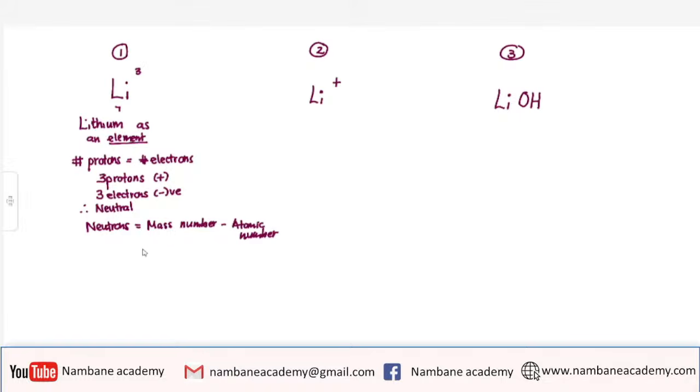So this will be 7 minus 3, which means that it's going to have 4 neutrons, and sometimes they abbreviate it like that. Right, so that is lithium as an element. It's neutral, it's got no charge because these neutrons actually are balancing that shortage if there is. So here protons and electrons are equal.